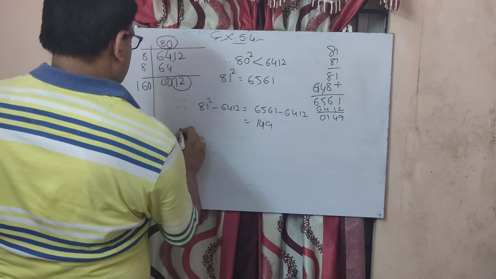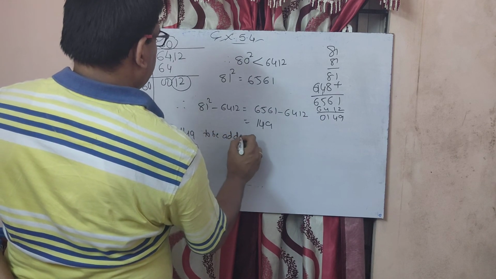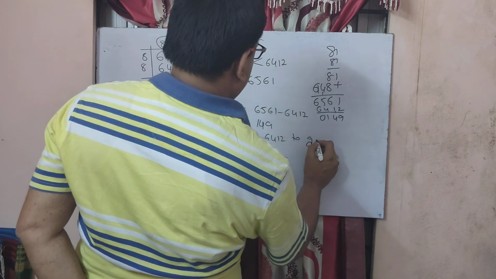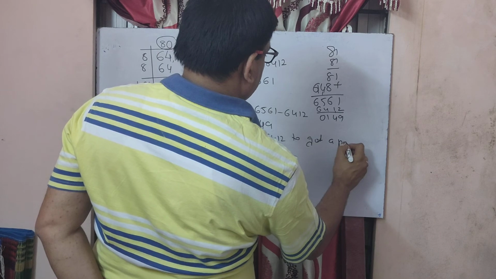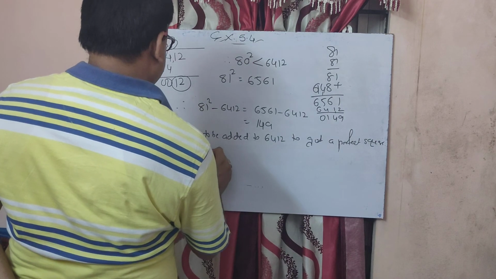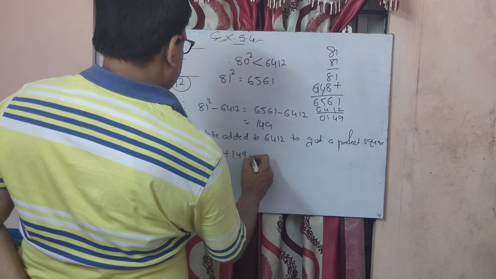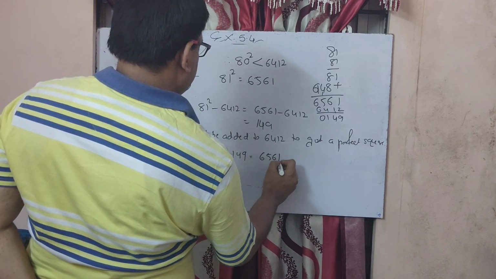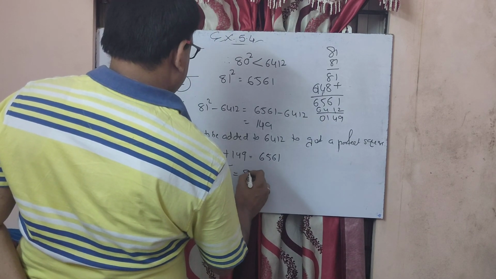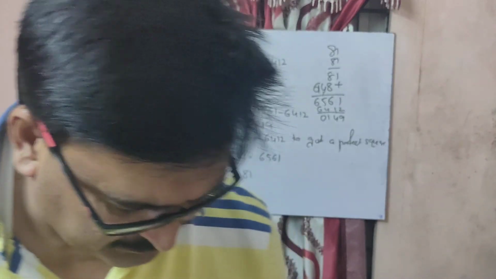So you have to write 149 to be added to 6412 to get a perfect square. That is 6412 plus 149, that is 6561. Therefore, the square root of 6561 is equal to how much? 81. So this is the way you have to do this example.